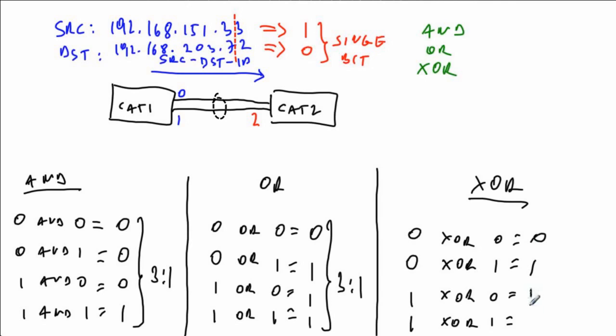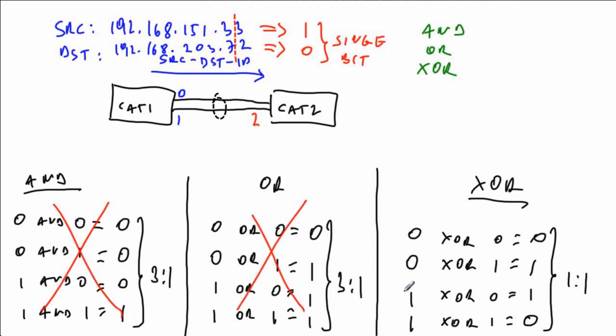So does this operation. But 1 XOR 1, where both bits are set to 1, is going to end up with 0. In this case here, I have 1-to-1 load balancing ratio, which means that AND is not a good operation, OR is not a good operation, but on the other hand, XOR is a good operation, and it will be the one that ends up being used.